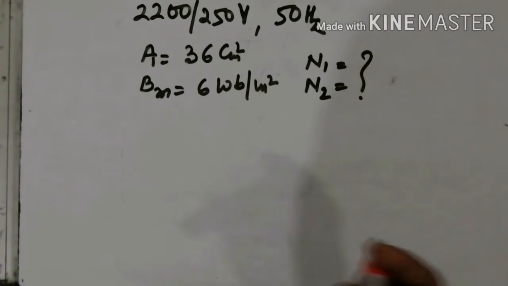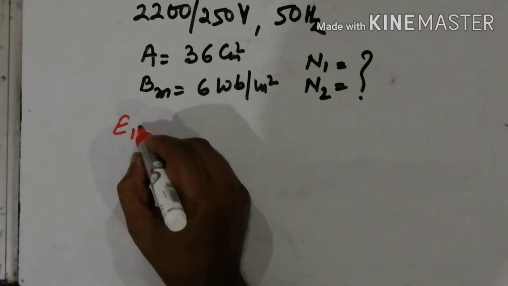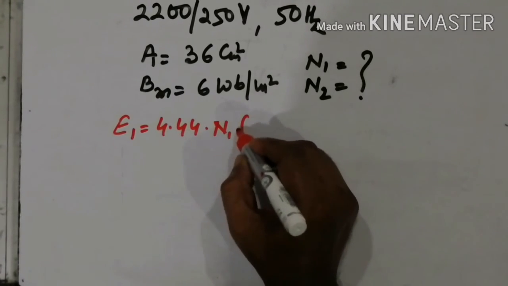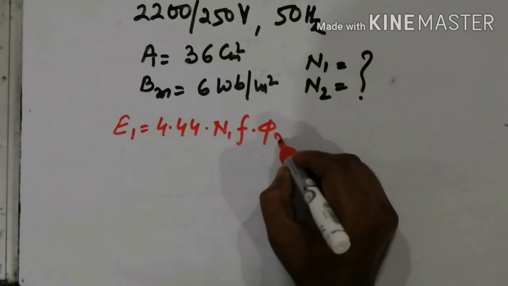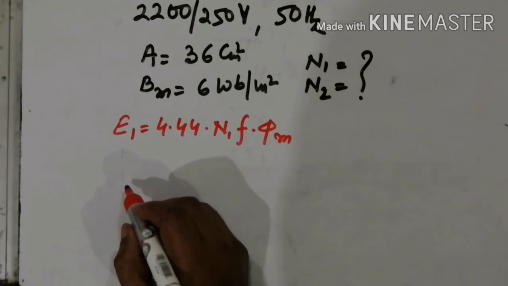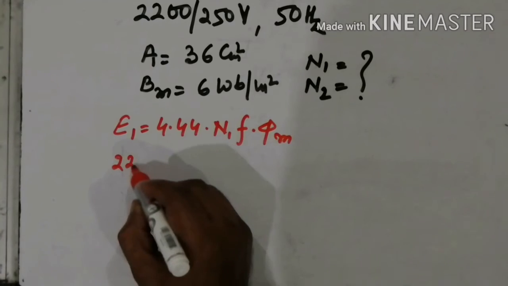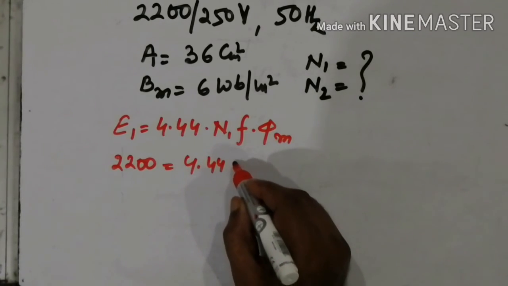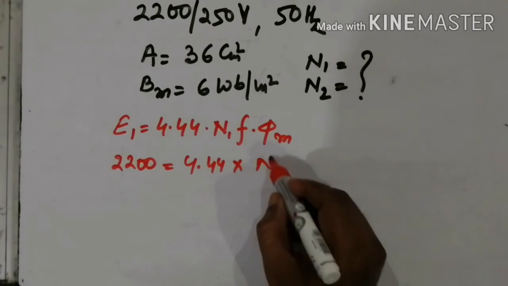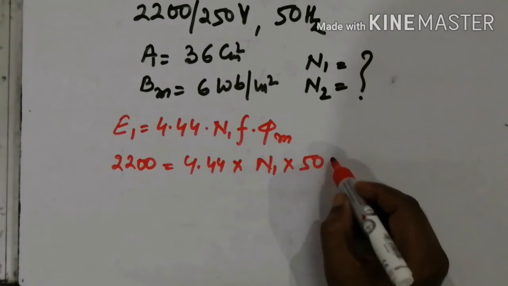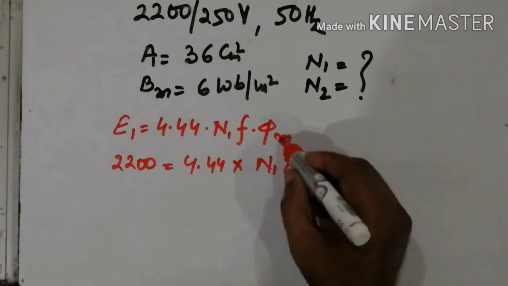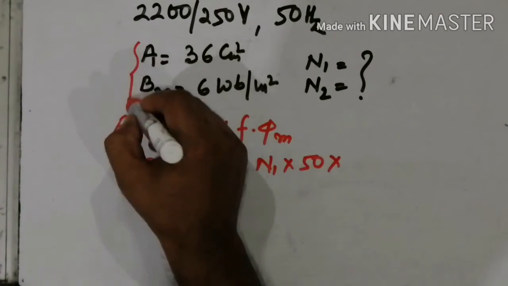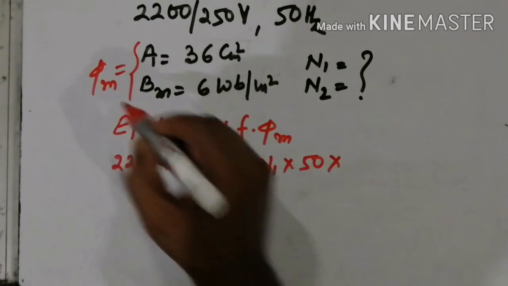Yes, according to the EMF equation, E1 is equal to 4.44 N1 F phi maximum. Right? It is 2200 is equal to 4.44 into N1 into 50 hertz into phi. Phi is nothing but B into A. Multiplication of these two is known as phi maximum.